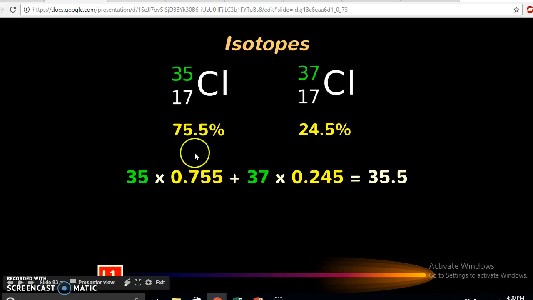We multiply these two values together and then add the 37 multiplied by its percent proportion here, so by 0.245. We add these two values together and we get 35.5. If we look on the periodic table, that's the atomic mass of chlorine. And that's how people found it and eventually put it on the periodic table.